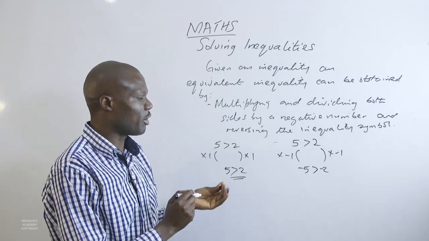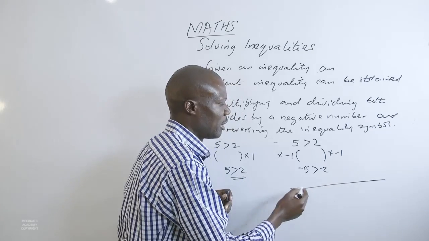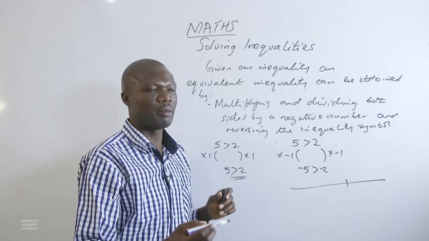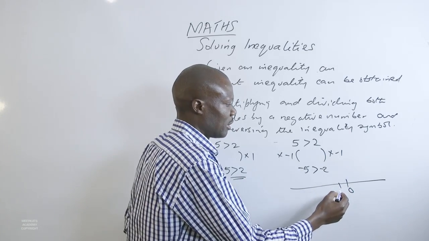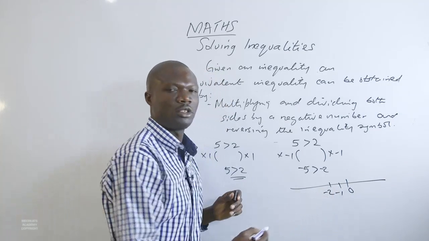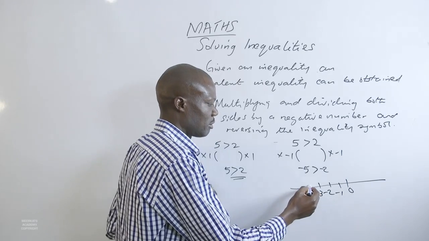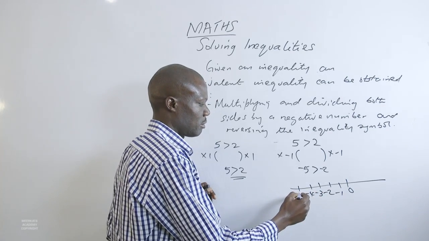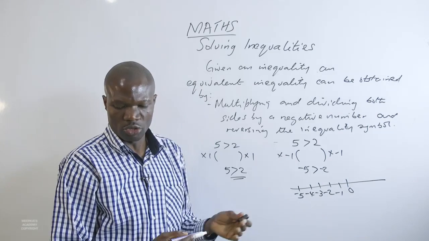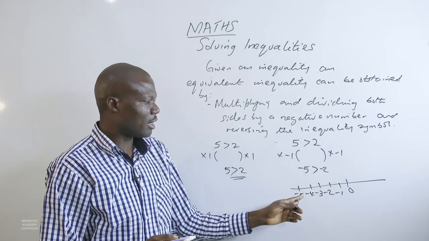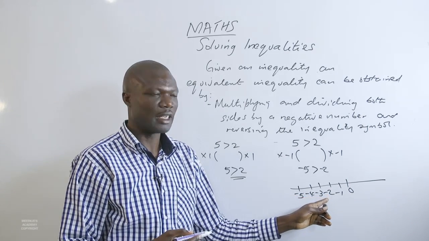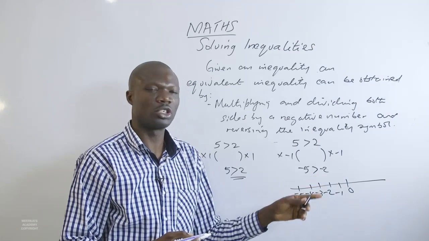In the number line, it will mean that we shall first get negative 2 before we arrive at negative 5. So you notice that negative 5 is less than negative 2, but not greater than.